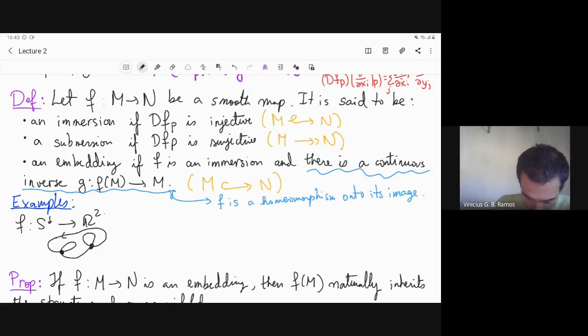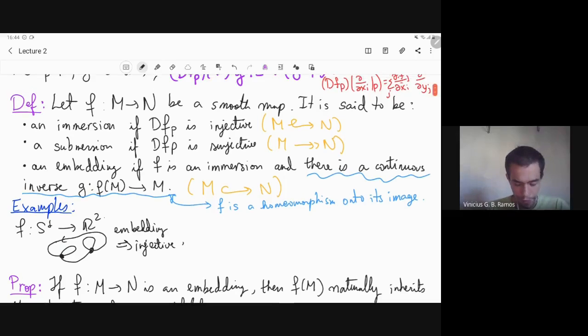Okay, so an embedding implies that it's also injective. Okay, so now we can draw something kind of funny, which is a curve which is an injective immersion, but still not an embedding. So it's the following thing. You take an interval and you map it into a curve that goes like this.